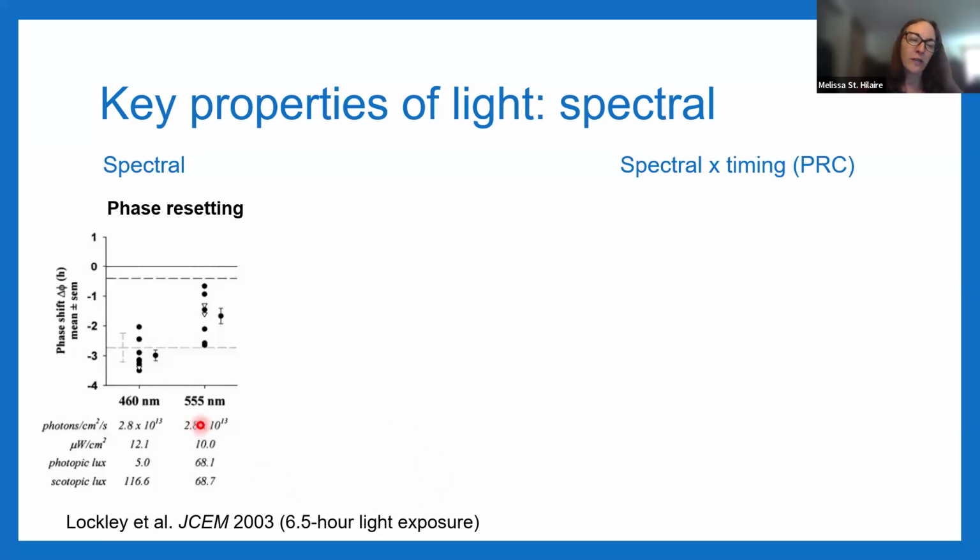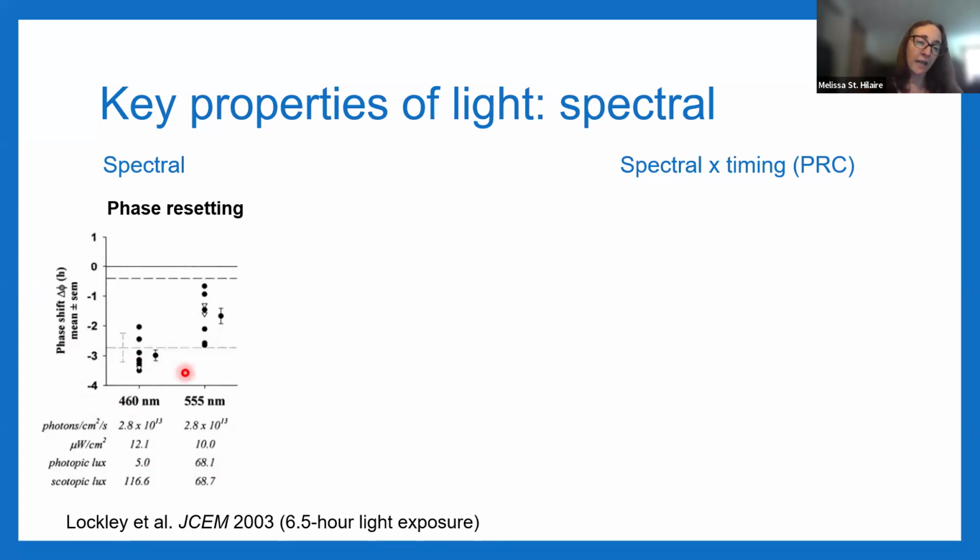But in 2003, Steve Lockley and colleagues showed the effect of monochromatic light exposures at 460 nanometers, which was meant to trigger the melanopsin system, which had just been discovered just a few years prior, versus a monochromatic 555 nanometer wavelength, which at the time was the peak of the 3-cone visual photopic system. So that's why that particular value was chosen.